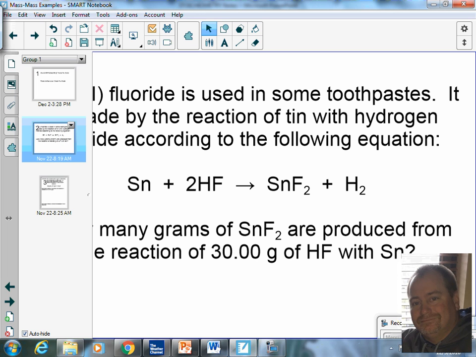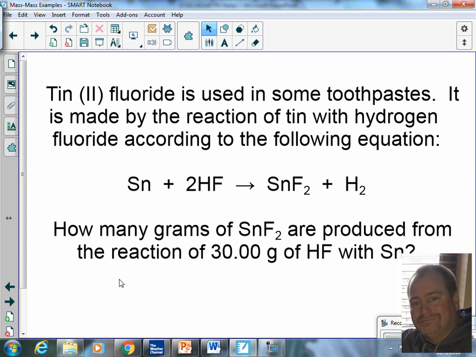I'll give you a second to write down this equation. So go ahead and write this down. Okay, the question states, tin 2-fluoride is used in some toothpaste.